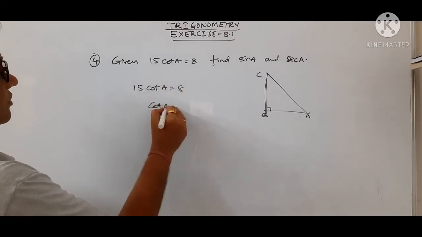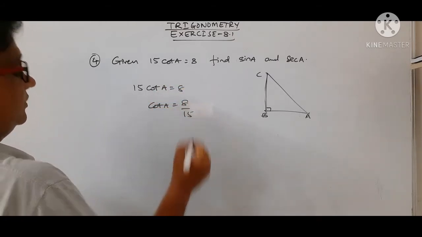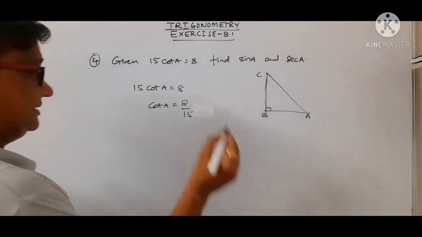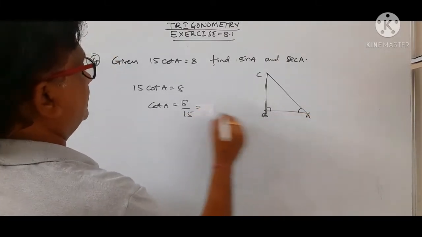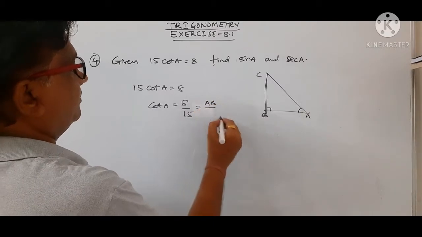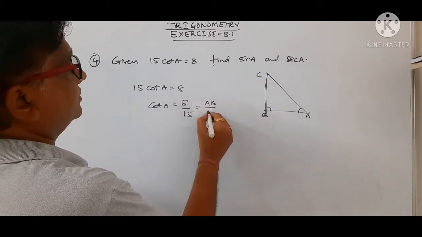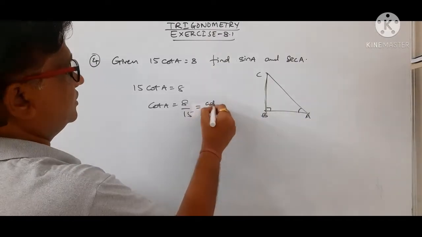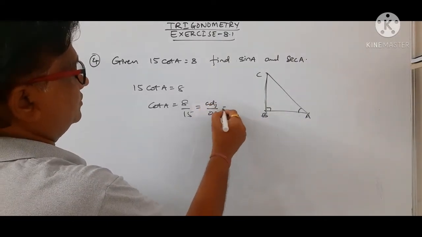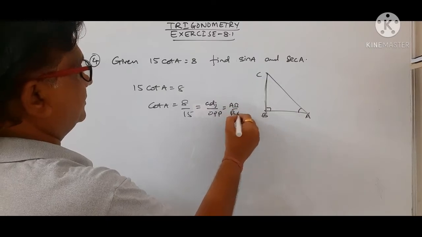So cot A equal to 8 by 15. Cot A means adjacent by opposite. So this is A, AB by BC. You can write it otherwise, adjacent by opposite, AB by BC.